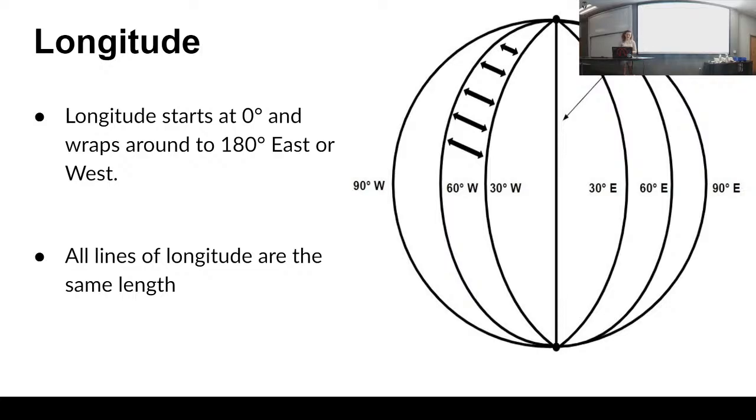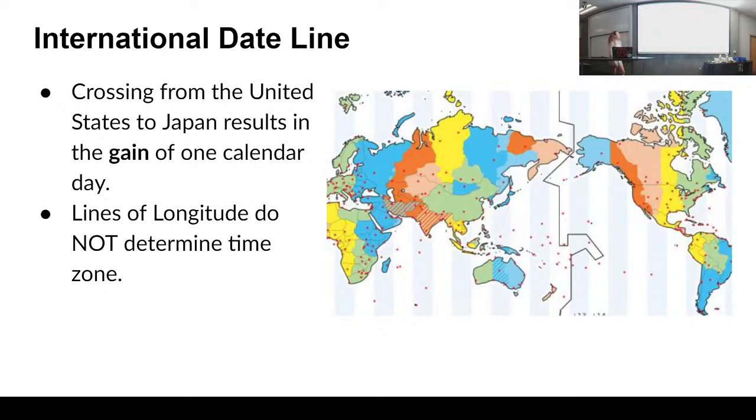So it goes all the way to 180 east, all the way over to 180 west. We also talked about how latitude has different lengths. For longitude, they're all the same length because every single line of longitude goes from the North Pole to the South Pole, so each one of them is the same length.